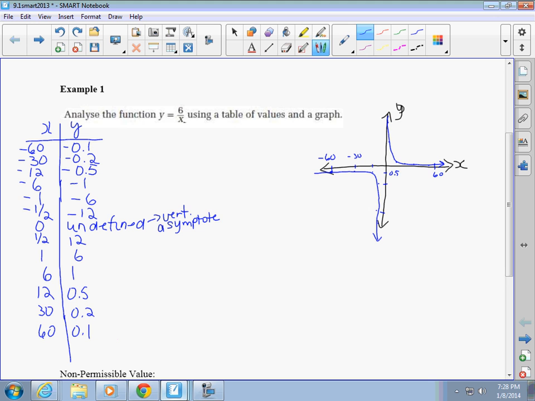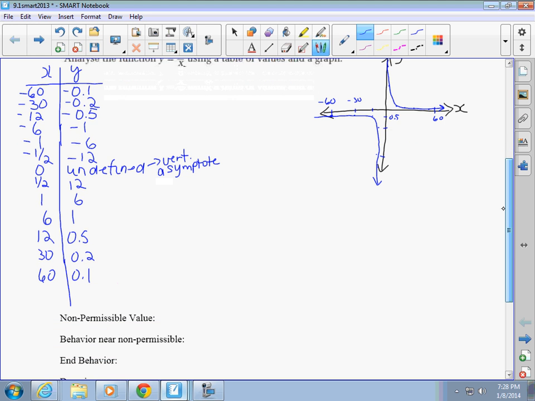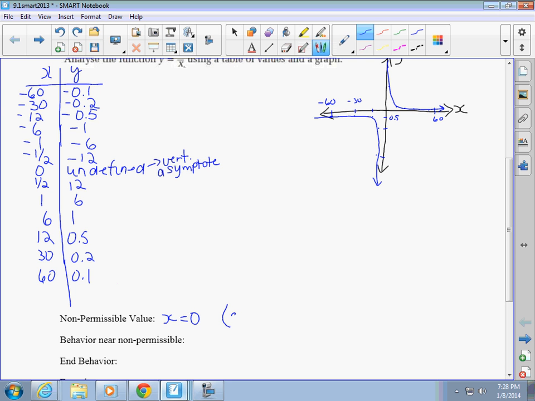So if I take a look at this based on my values and my graph, my non-permissible value then is 0. On that x, I never get 0. Remember, non-permissible value always comes from your denominator, putting your denominator equal to 0. So we can calculate that by putting our denominator not equal to 0.